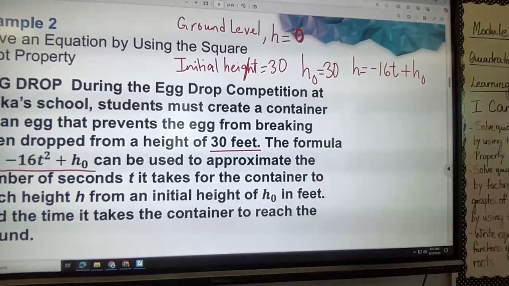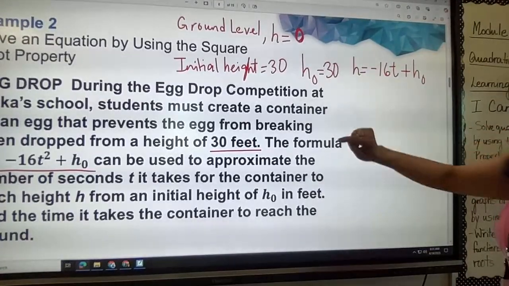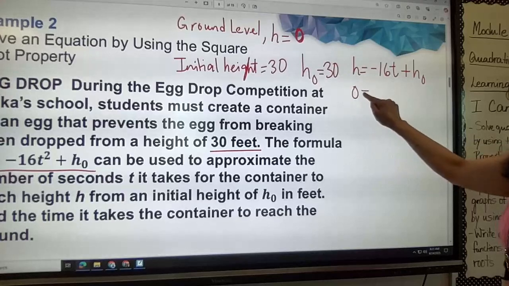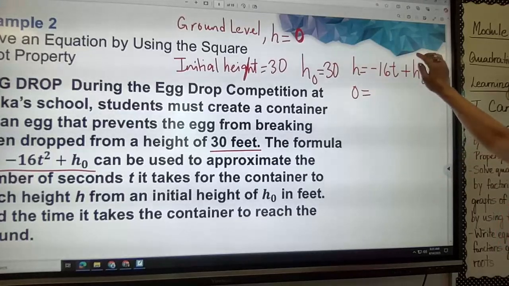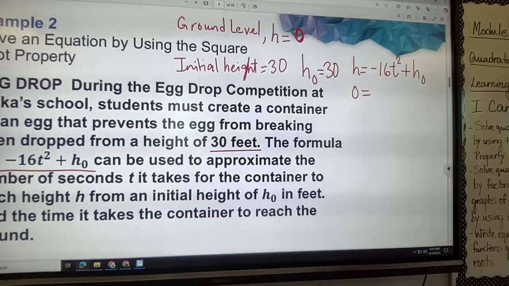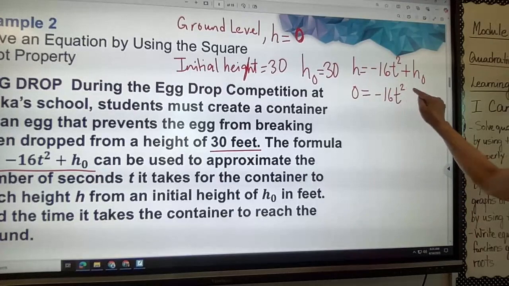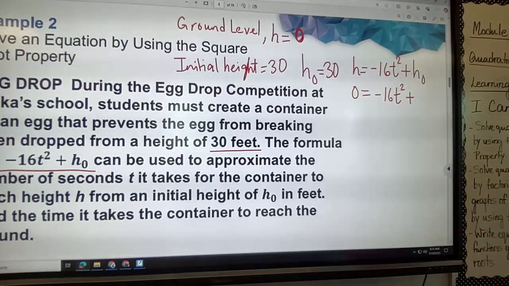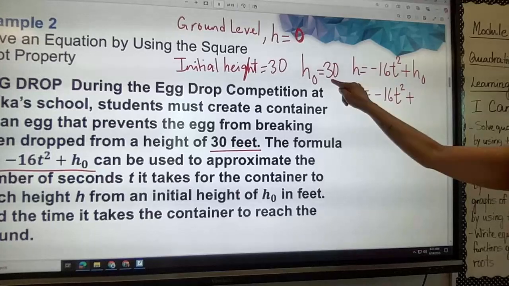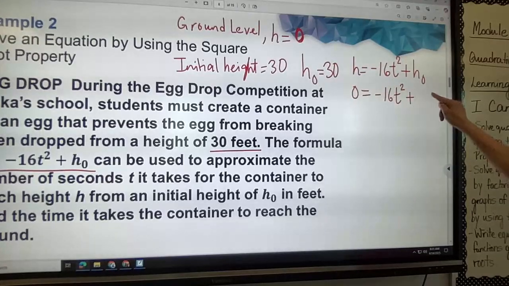And now when I have that, I am going to put in the values, and I said h is 0 is equal to, sorry, this is t squared. There you go. All right? And so then this is going to give me negative 16t squared plus, what is the value of this over here? This is going to be 30.